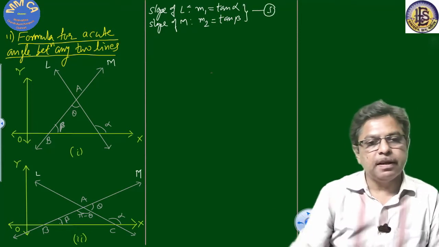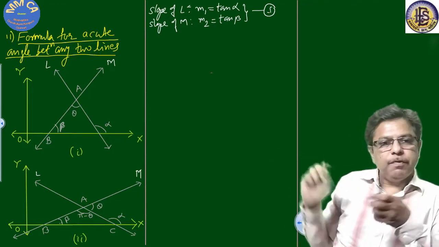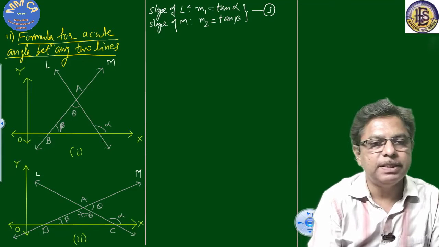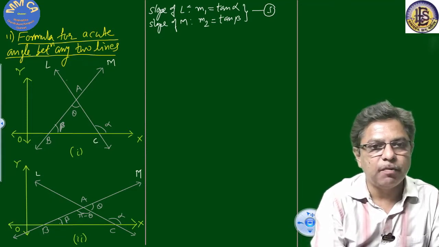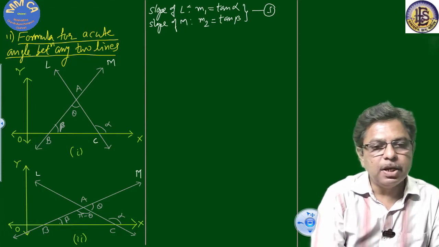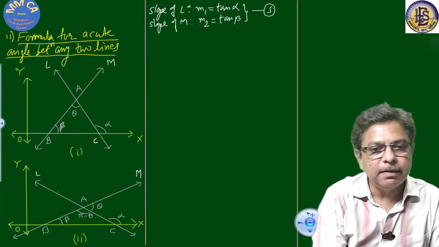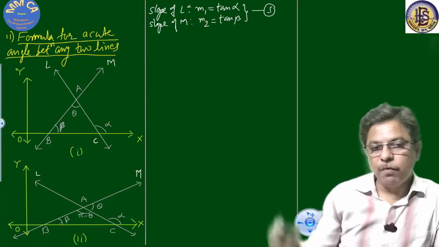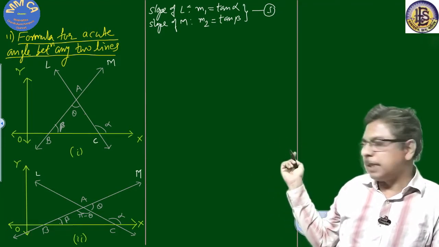Okay, now see what is the difference between these two. We have considered these points as A, B, C. A is the point of intersection of these two lines in both the cases, and the first line L intersects at C and the second line intersects at B. See the angle BAC here: in the first case it is an acute angle, and in the second case angle BAC is an obtuse angle.